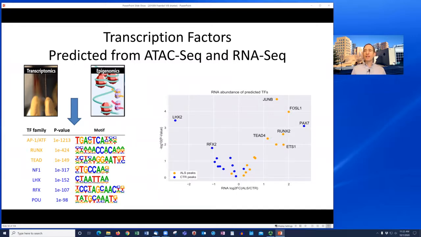And on the y-axis is the statistical significance for its motif. And you can see that there are a lot of transcription factors that are more highly expressed in the ALS samples, and their motifs tend to be in regions that have more open chromatin in the ALS samples. And conversely, there are ones that are more expressed in control samples, and their motifs are in regions that have more open chromatin in the control samples.